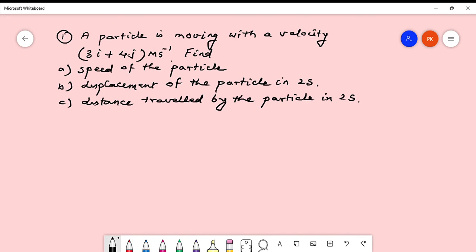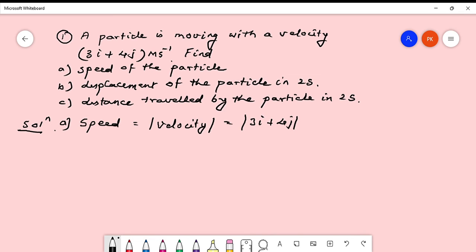So let us come to the first part here, and we have already seen that the speed of the particle is the magnitude of the velocity. So here the velocity vector is 3i plus 4j.